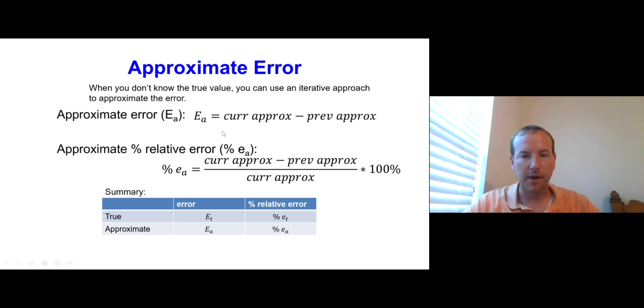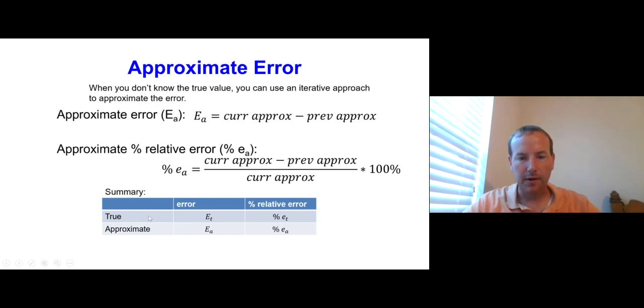You can also have percent relative error versions of this: current minus previous, divided by current, times 100%. The hope here, when you use approximate error, is that over time the error should be getting smaller and smaller so that you can see you're converging. You don't know what the true answer is, but you're hoping that if it's converging, that means it's converging on the correct answer.